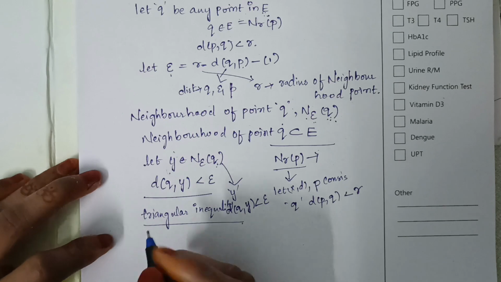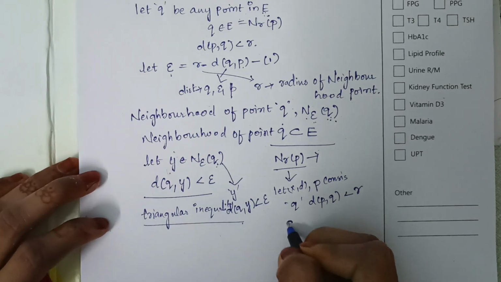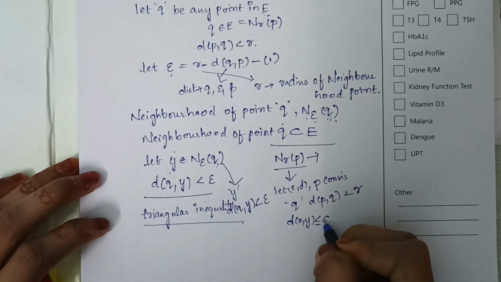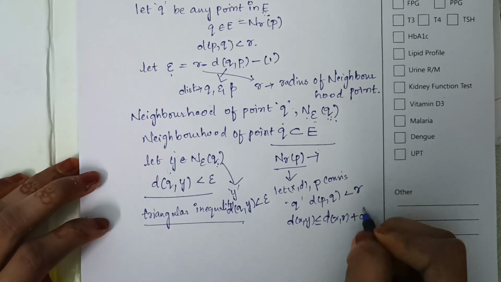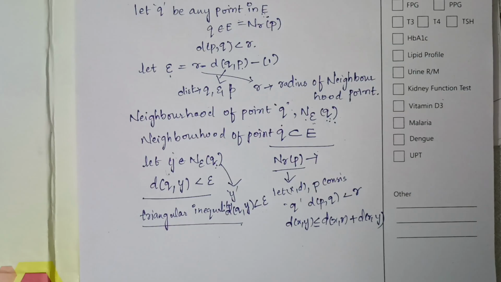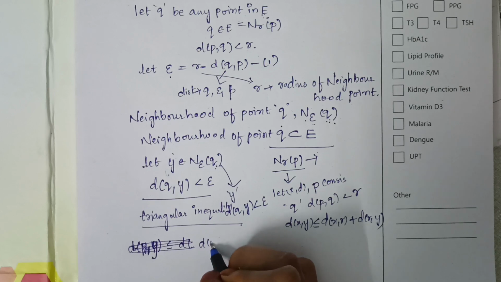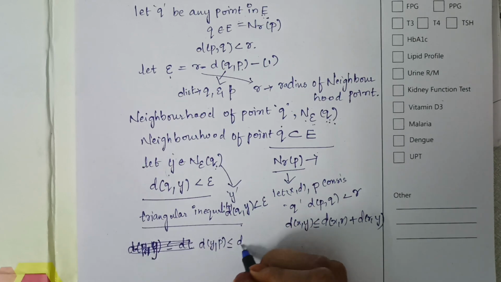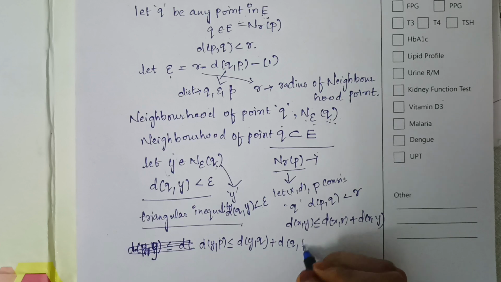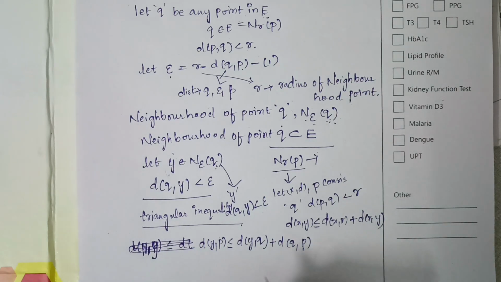From this, I can write the triangular inequality property as d of x comma y is less than or equal to d of x comma r plus d of r comma y. I can write the distance between y comma p is less than or equal to the distance between y comma q plus the distance between q comma p. Right?